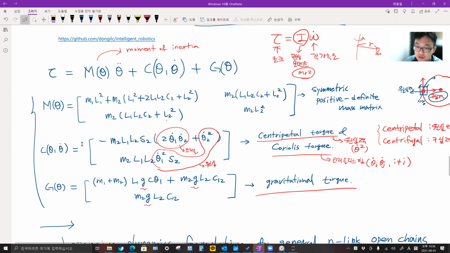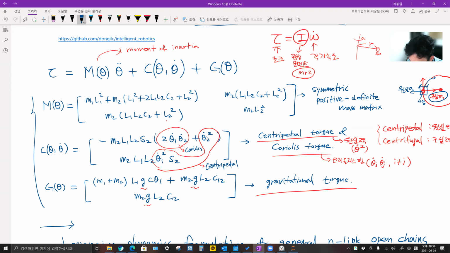And also the C value contains the centripetal torque, and this one is Coriolis. The Coriolis term is the multiplication of different joint velocities, and in the centripetal acceleration there is a square of joint velocity.